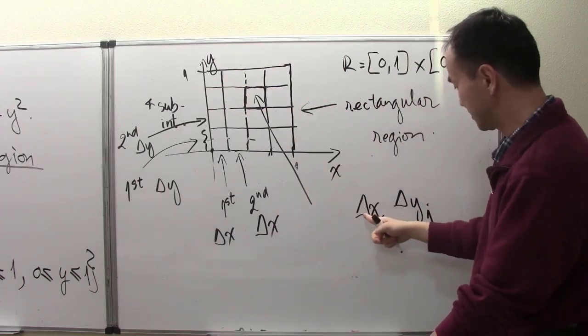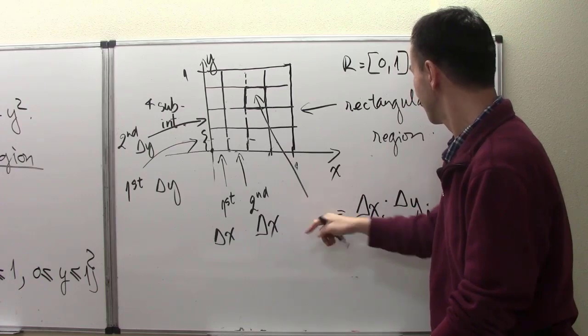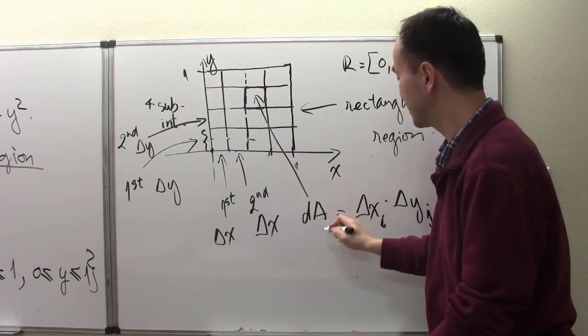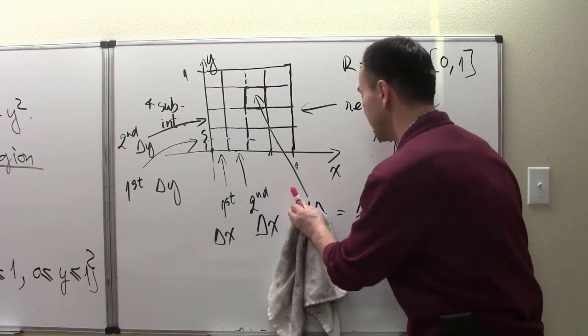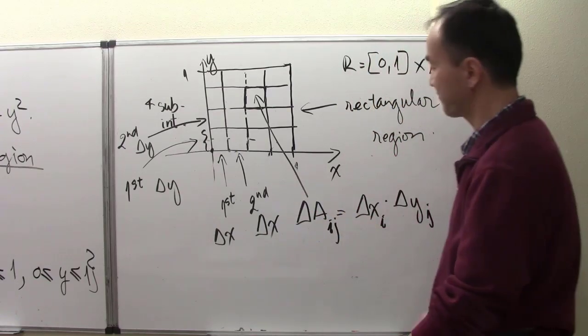Multiplying these two gives what's called a dA, and indeed the precise term is delta A ij.